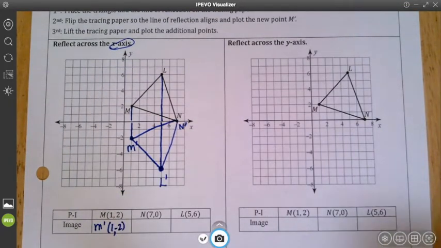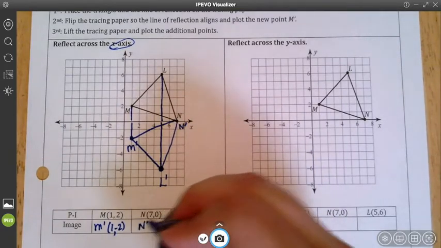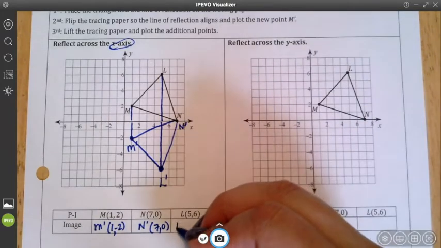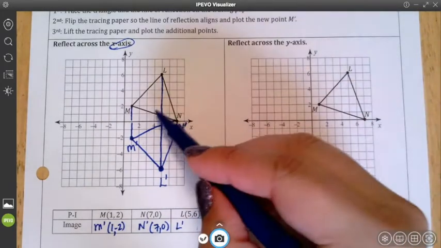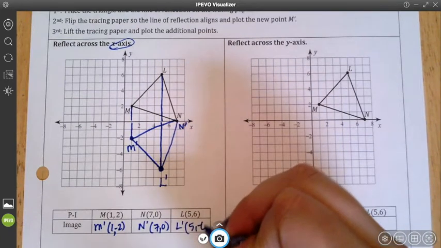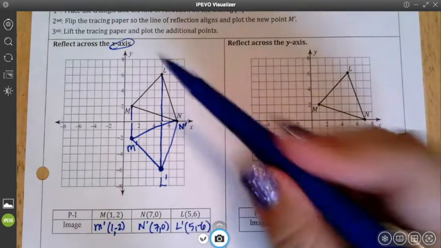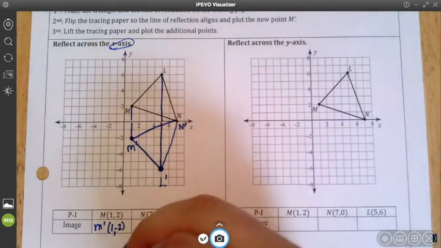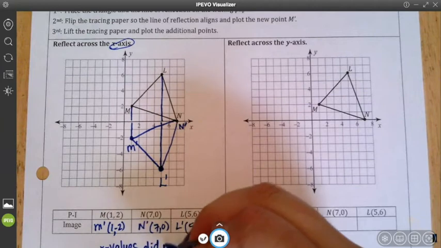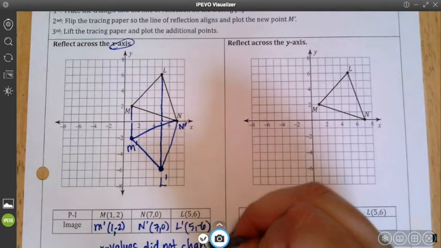N started at 7, 0, N prime is at the same point, 7, 0. L starts at 5, 6, and it moves to 5, negative 6. If you'll notice, this was across the x-axis, and the x values did not change.